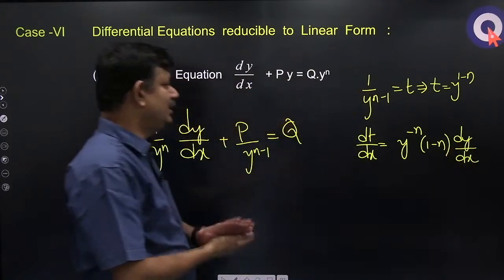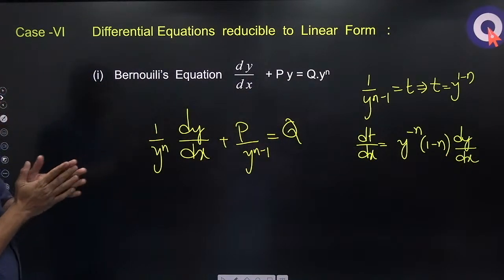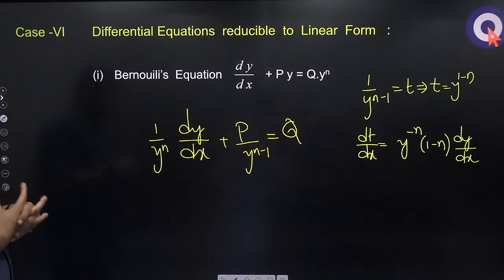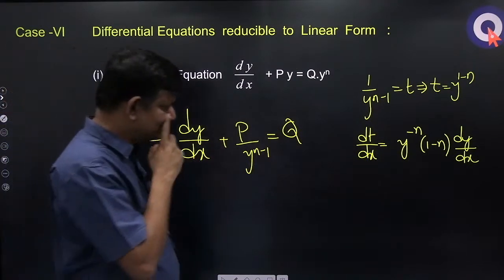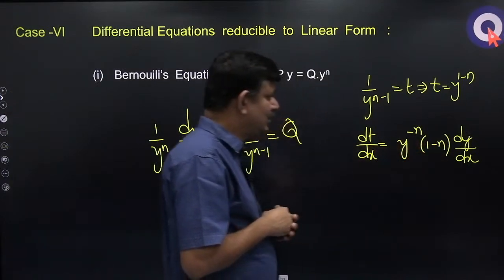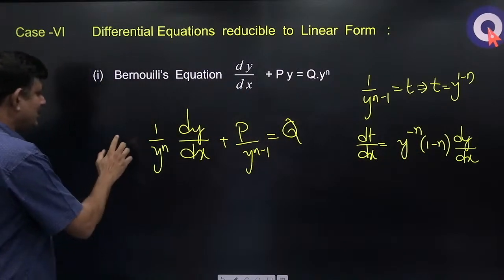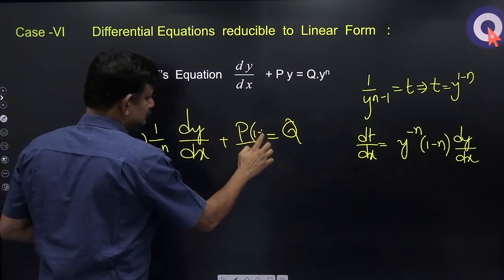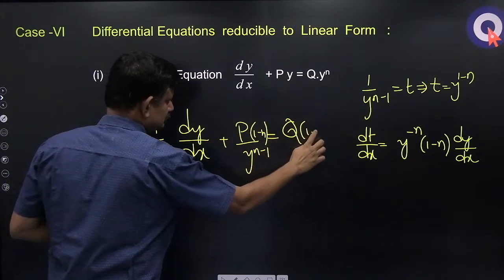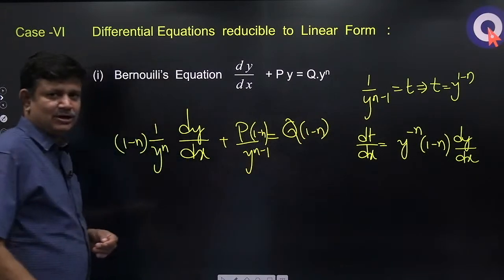So, dy by dx. Okay, here there is y power minus n with dy by dx, but the factor 1 minus n is not there, so I'll multiply throughout by 1 minus n. 1 minus n is a constant, remember.